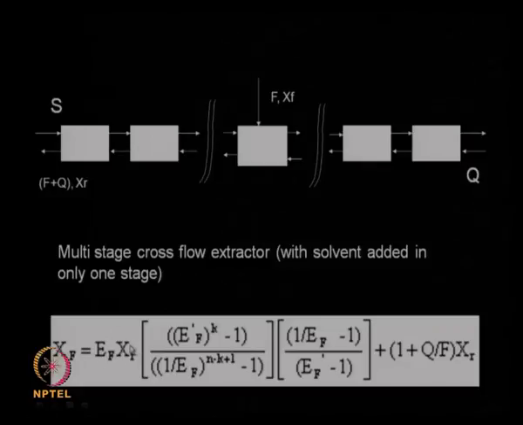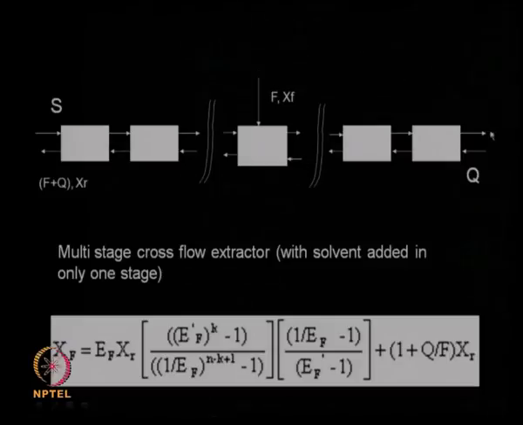With this equation you can calculate the concentration of the solute in the final raffinate. If you look at this side you will have Q as your heavy liquid and S as your solvent flow, whereas if you look at this side you will have F plus Q coming in and F plus Q going out, and S is your solvent flow.